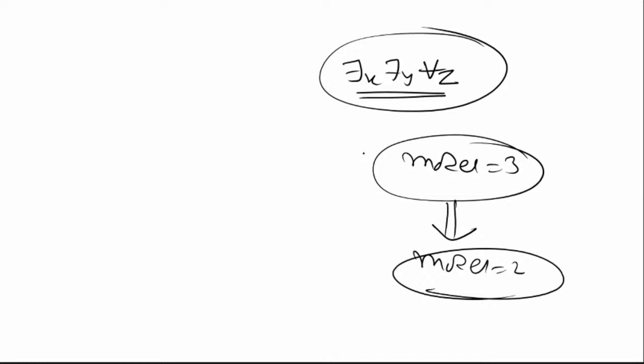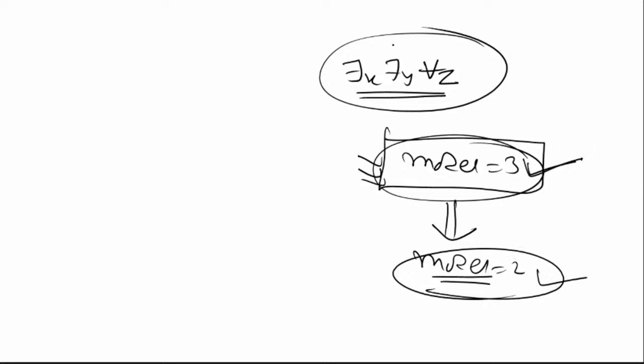Whatever element you choose, whatever connection you make, that is your wish. If you have a model of size 3, then definitely there will exist a model of size 2. You can take any 3 elements, you can do anything, and this model of size 3 will definitely imply a model of size 2 for this question. We have already seen this.